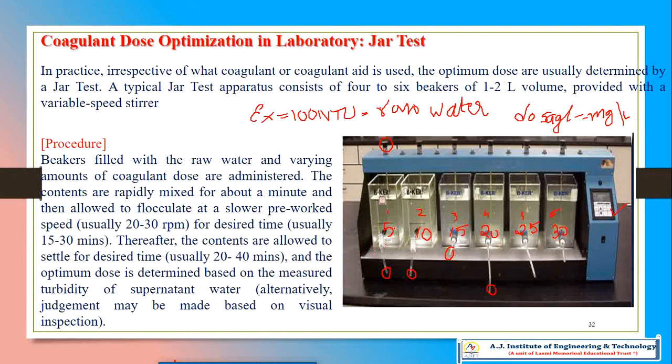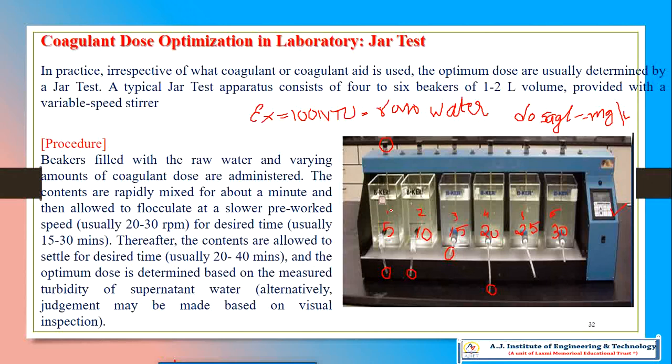Now for example, if you are taking 2 liters, then it will be doubled, because it will be 10, but actually the dosage is 5 milligram per liter. That is my theme, the 5 milligram per liter dosage. If you are taking, for example, 800 ml of water, then for 1 liter it is 5 milligram, so what is the dosage for 800 ml?